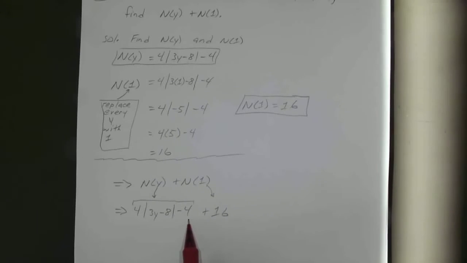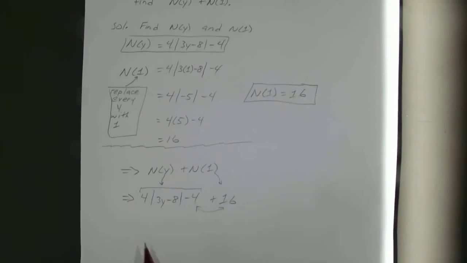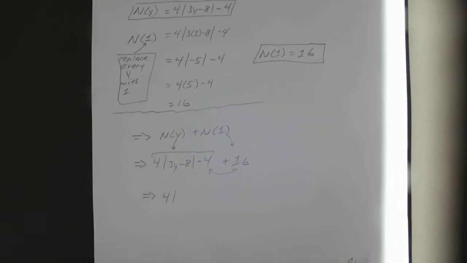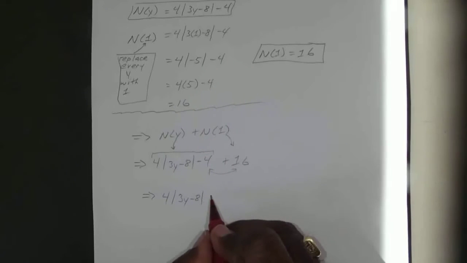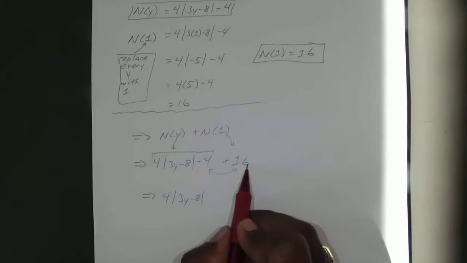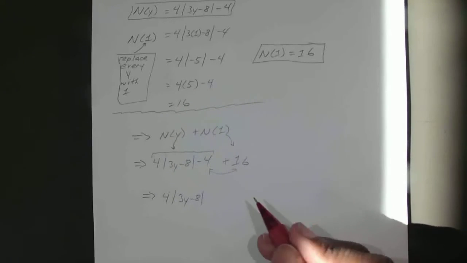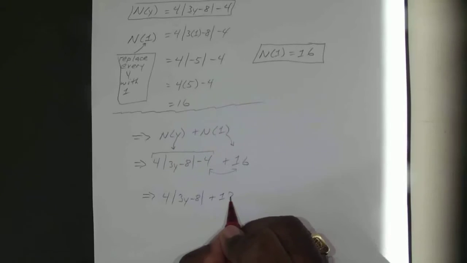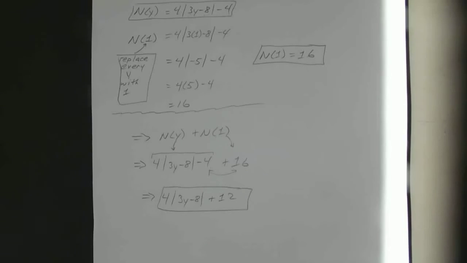So really the only two you can combine are those two. Everything else is kind of jumbled in something else. So you have 4 times the absolute value of 3y minus 8, minus 4 plus 16 is plus 12. All right, so any questions on that one?